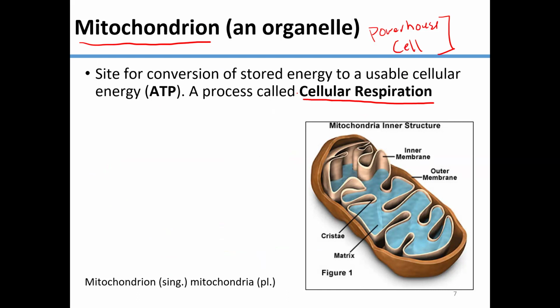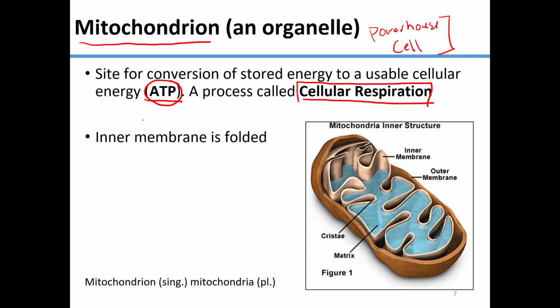What it's going to do here is take energy. So it's going to take carbohydrates, it's going to take oxygen, and it's going to produce ATP, something known as adenosine triphosphate. Again, it's going to go through the cellular respiration process. It's going to utilize energy, and it's going to produce ATP.